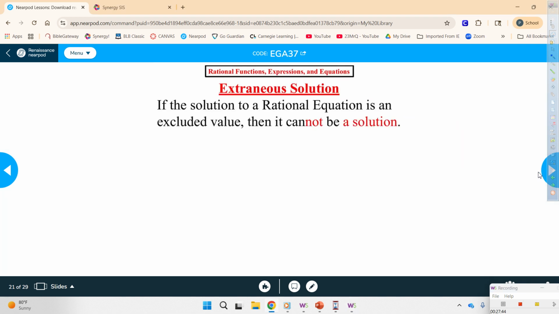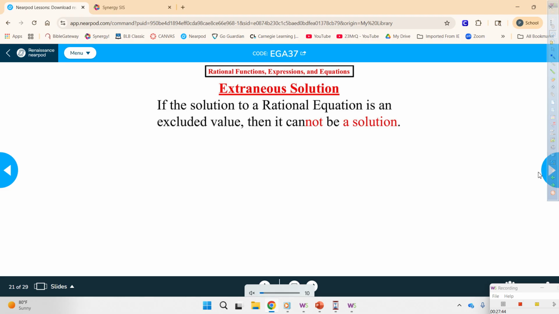Whenever they talk about extraneous solutions, pay attention to this part. Let me pause the music. If the solution to the equation that you solved is an excluded value, then it cannot be a solution. You're like, what? Yeah.